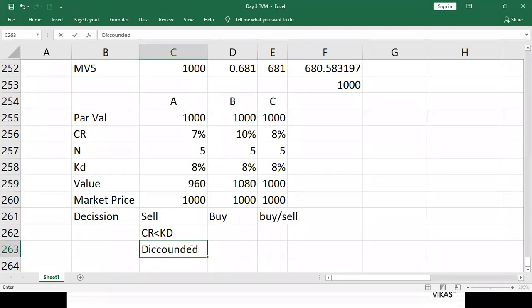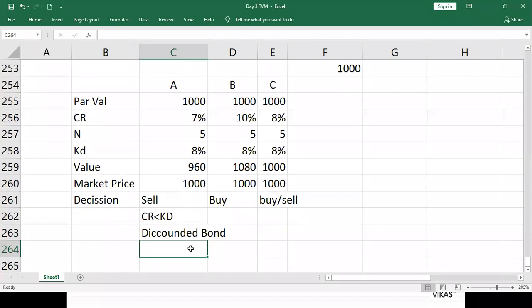Discounted bond. The real value of the bond is less than its face value. This type of bond is called a discounted bond.